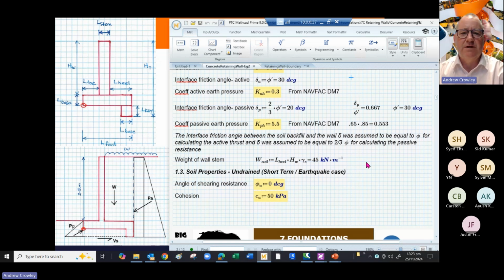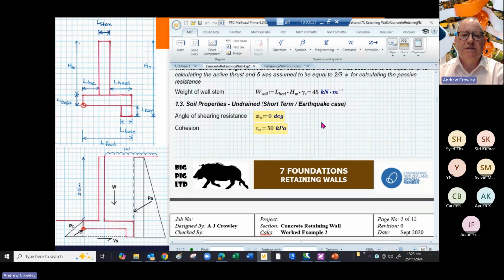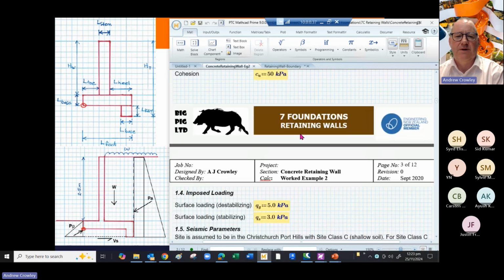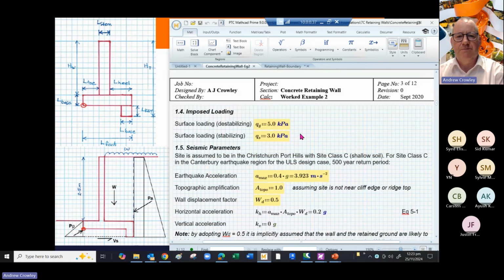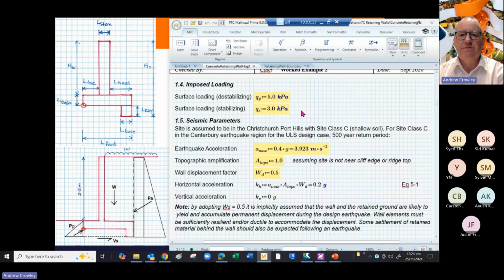Yes, very complicated. And for the earthquake case, we're looking at undrained short term, and we take our angle of shearing resistance as 0 and our cohesion CU as 50 kPa. Our imposed loading on the surface, W, in this case we've called it Q, that's 5, but in cases where it's stabilizing, we've put a smaller factor in there.